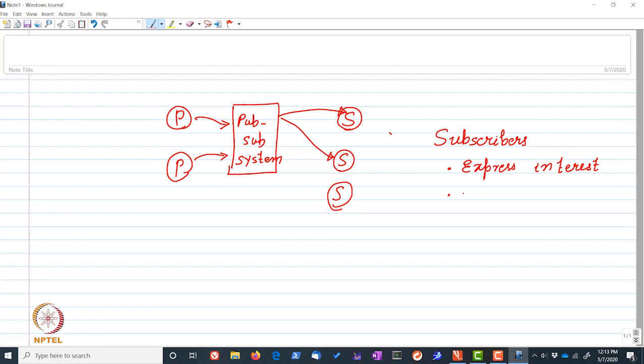This is notified to the pub sub system. Similarly, the publishers also first register with the pub sub system, and then they publish their updates.